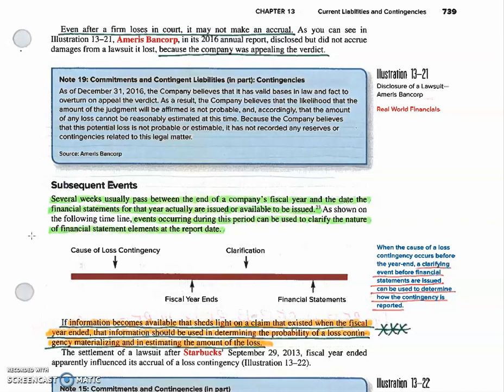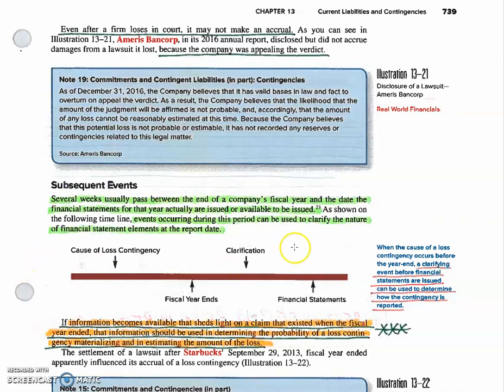Now, it's not a case where the building was destroyed and you just didn't know it. It got destroyed later. You do have to disclose the impact of subsequent events in the notes to the financial statements. But the only way subsequent events affect the financial statements themselves directly is if they make known something that actually existed at year end but was unknown at that point.